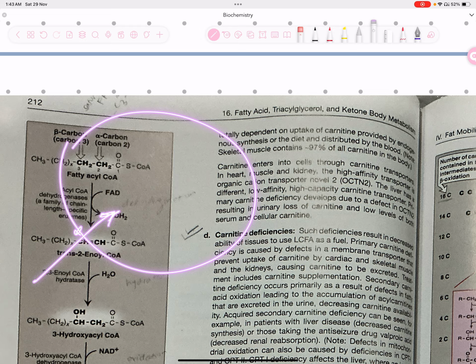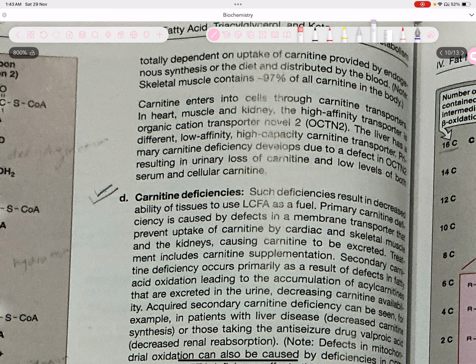Now, usually in primary carnitine deficiency, this protein is mutated. There's some issue with this protein. So this protein won't be able to transport carnitine inwards. So any mutation in such a transporter results in primary carnitine deficiency.